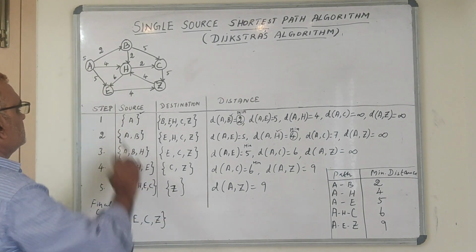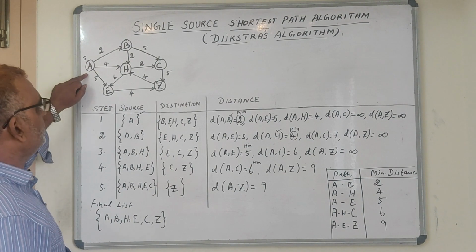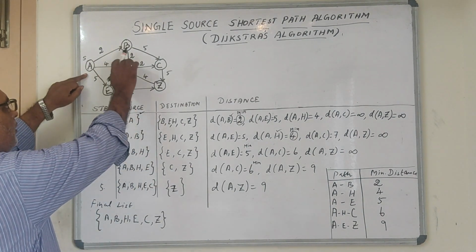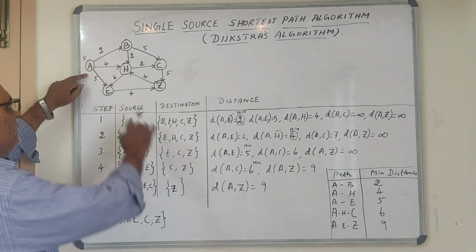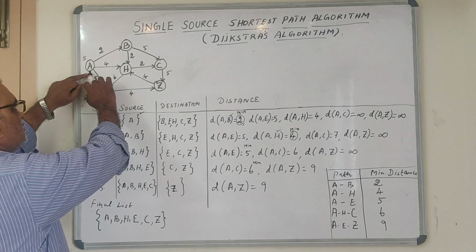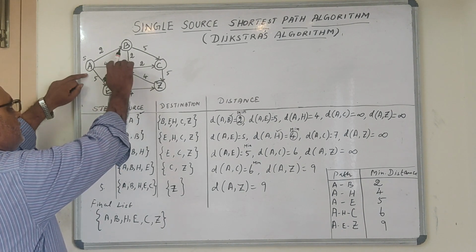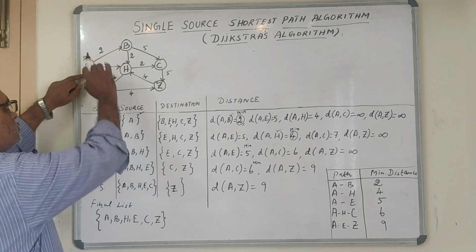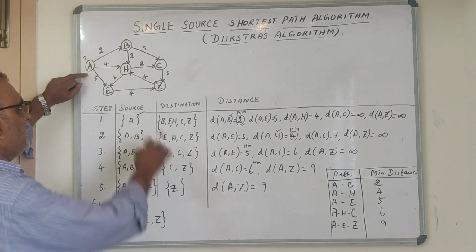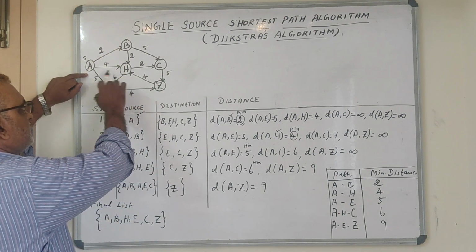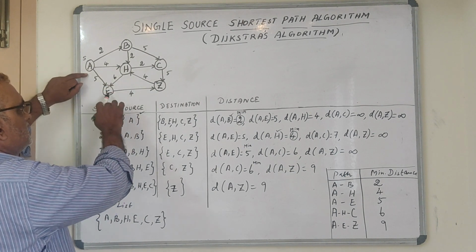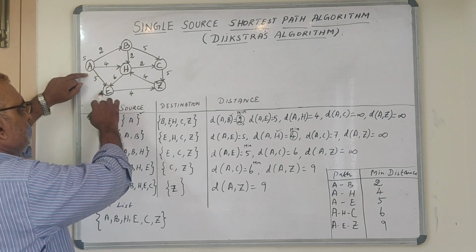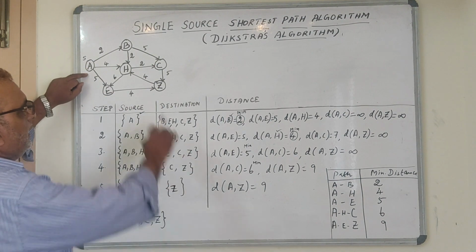Consider here A is the source and all other nodes are destinations. The cost of reaching the node B from A is 2. Similarly, the cost of reaching H from A is 4. Similarly, reaching E is 5, etc.